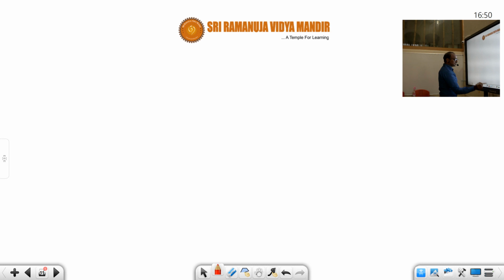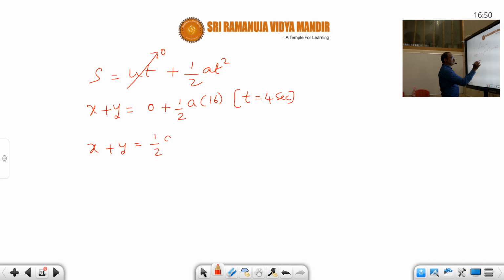Therefore the distance traveled equals x plus y. So x plus y equals 0 plus half into a into t square, with t equal to 4, that is 16. Now x plus y equals half into a into 16. Let us say this is equation 2.